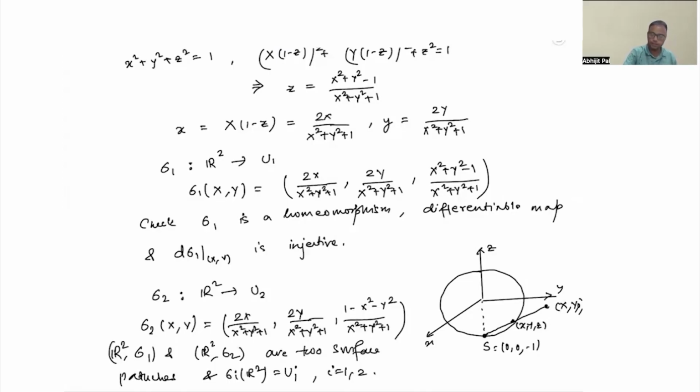Okay, so we got this thing. So therefore, this S2, this unit sphere, is a regular surface. Okay, all right.